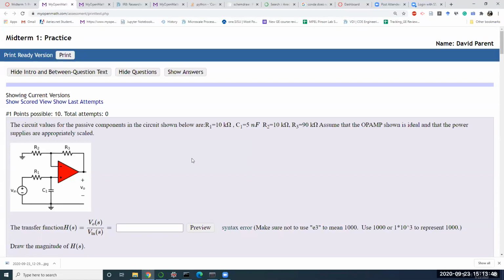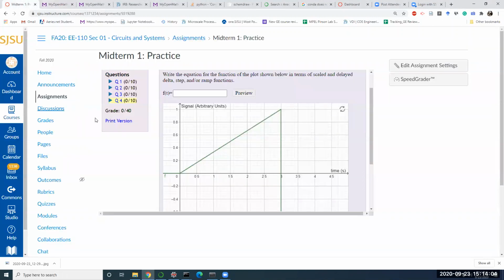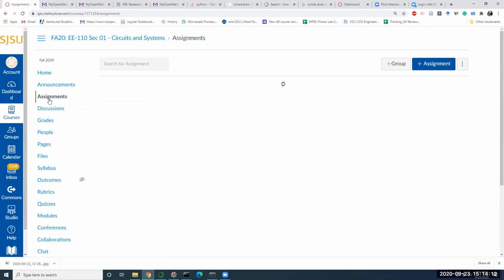In the chat. Where can I find it? Sam, was it where I can find this practice exam? All right. Here we go. So I can put it into the module today, but really, it's under assignments.